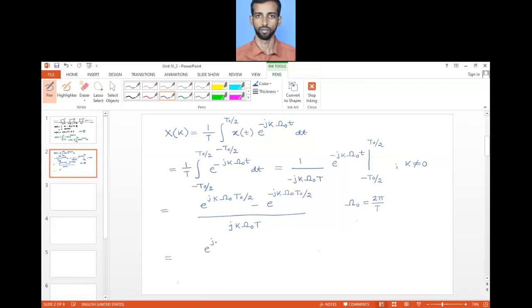e to the power jk, so omega naught by 2 will give you pi by T, then e to the power jk pi T0 by T minus e to the power minus jk pi T0 by T, divided by, you have j there, k there, and omega naught will give you 2 pi by capital T. So we have 2 pi only.